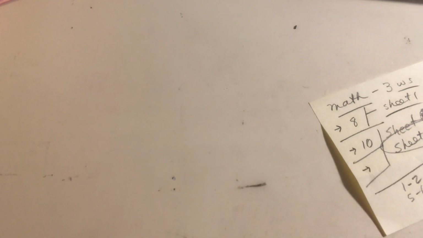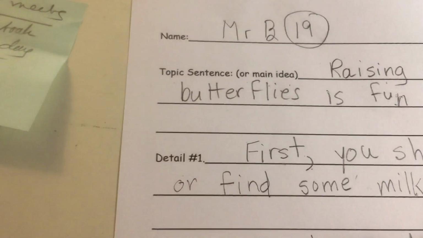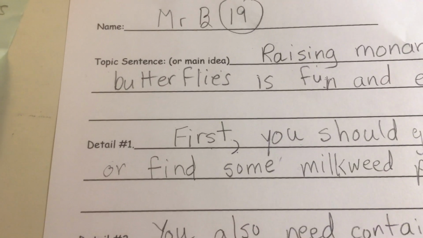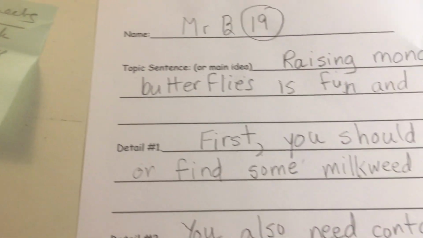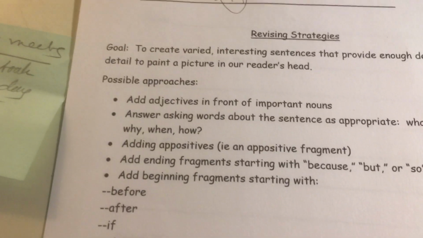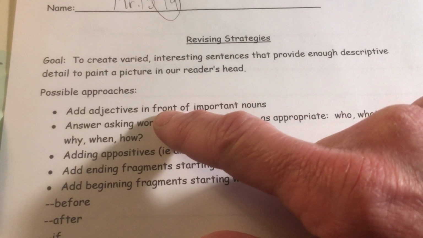You're also going to want a different colored pen if you have one, or a different colored pencil, just to help you keep your writing organized. The way this works is take this page and put it next to your sloppy copy and try to use this. It's almost like a step-by-step set of directions.